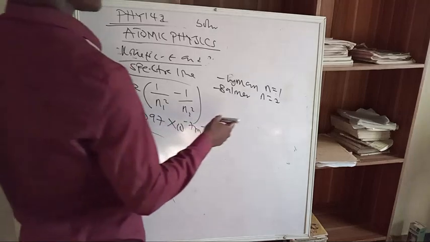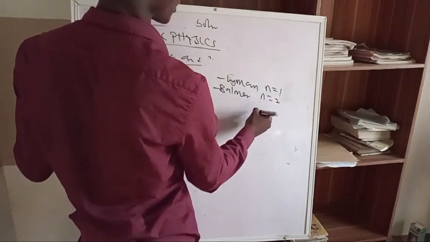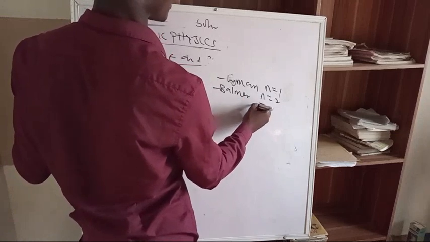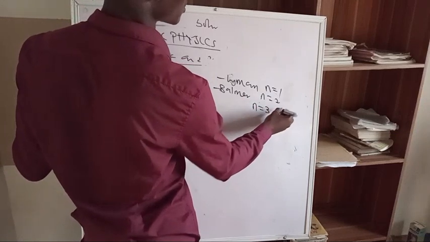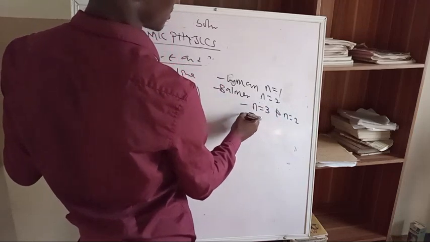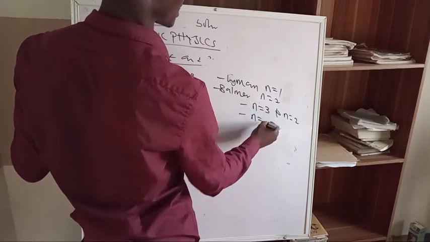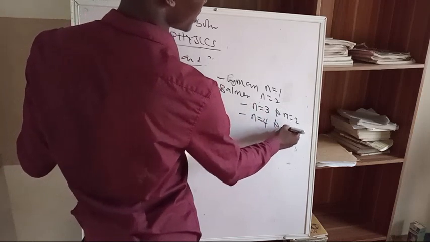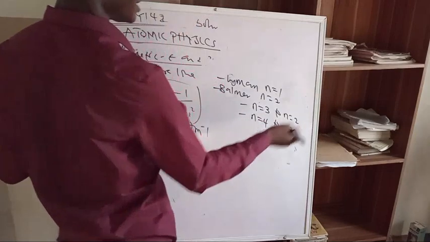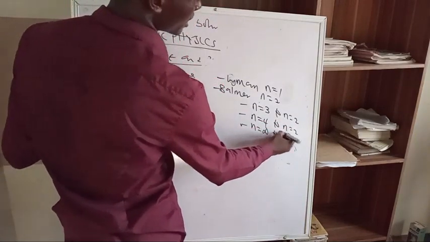Balmer ends in n is equal to 2. So let us look at the first line. The first line is from n is equal to 3 to n is equal to 2. Then the shortest wavelength is from n is equal to 4 to n is equal to 2, while the series limit, or what you call the longest wavelength, is from n is equal to infinity to n is equal to 2.